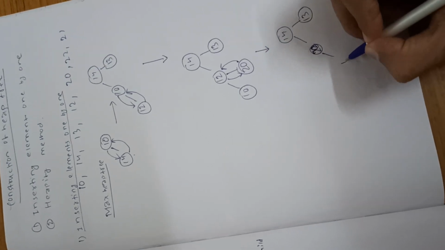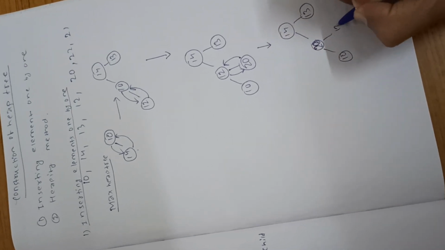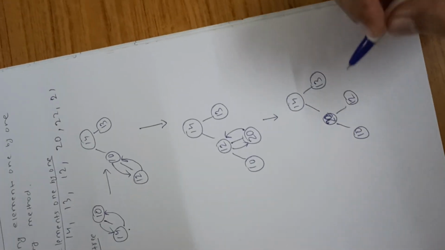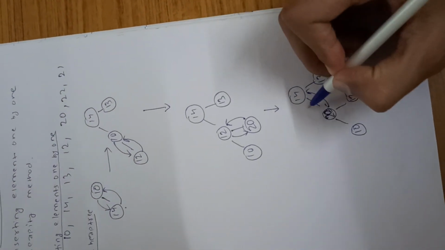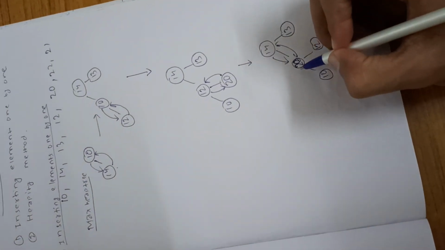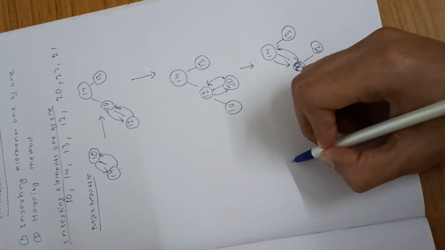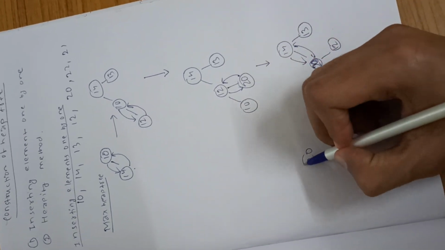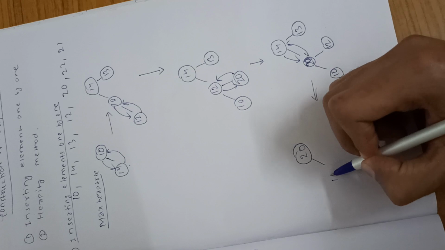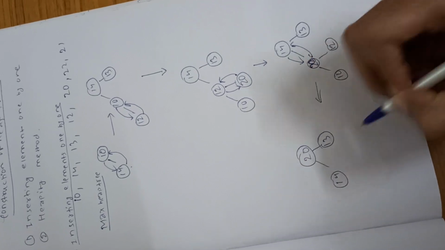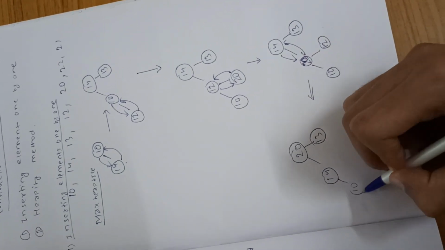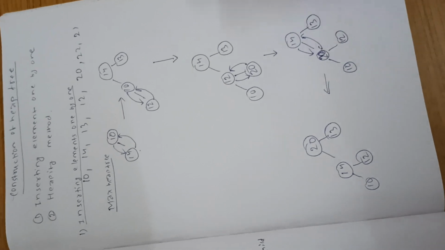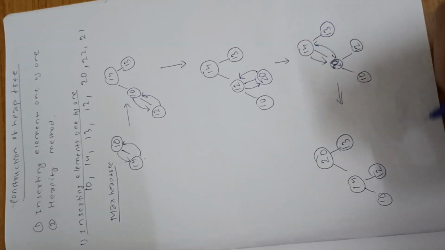We have exchanged. 10, 12. Again the same, 20 is greater than 14, so we need to exchange. 20, 14, 13, 10, 12. After 20, 22.